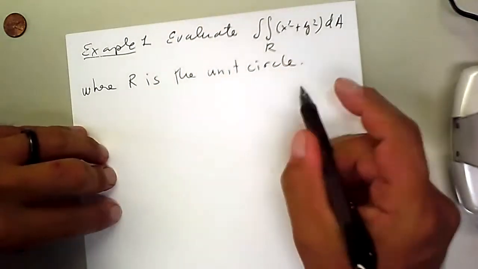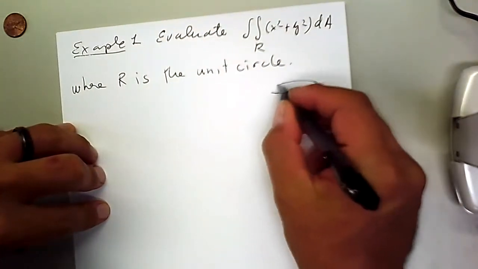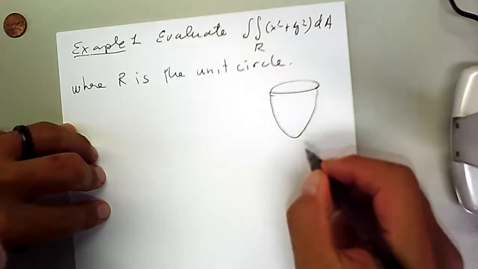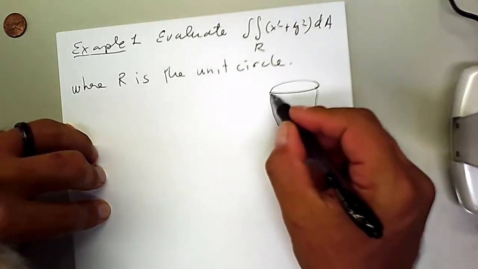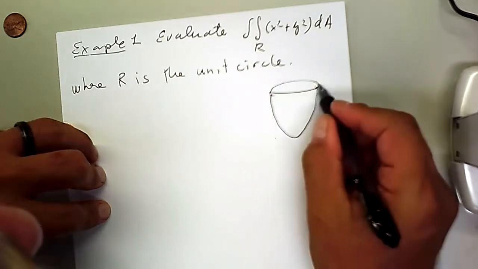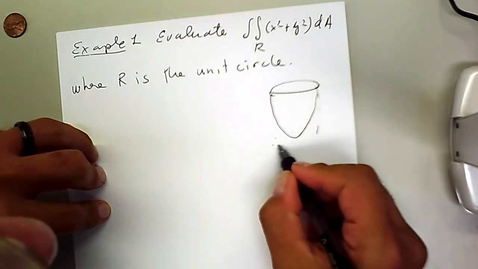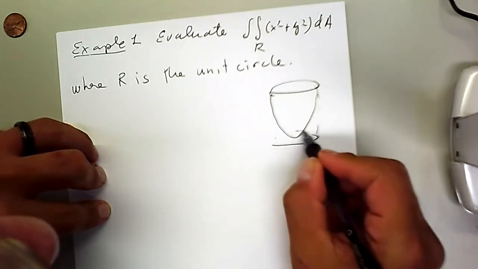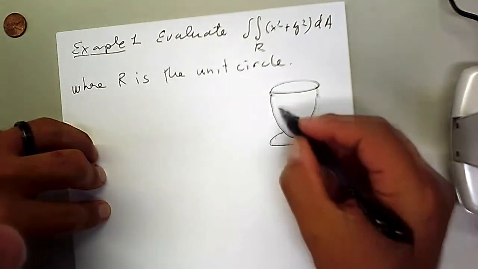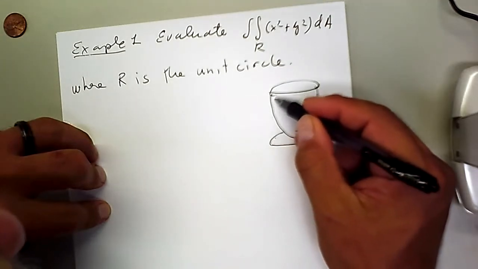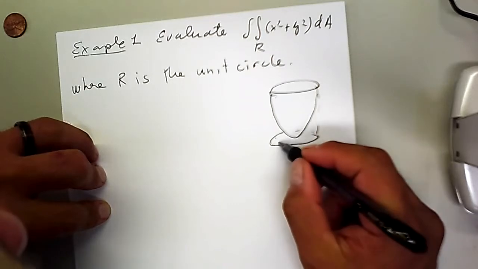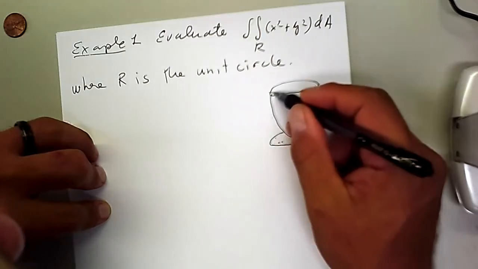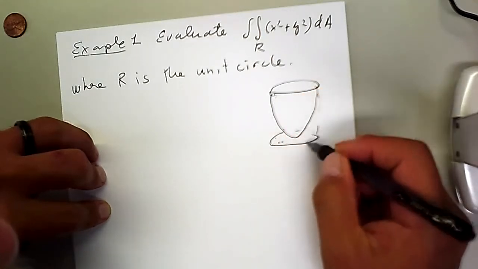So we're familiar with this paraboloid, and one way to interpret this is to find the volume of the solid that is under the paraboloid, so between this circle, which is the unit circle, and the surface. So there's going to be a solid.